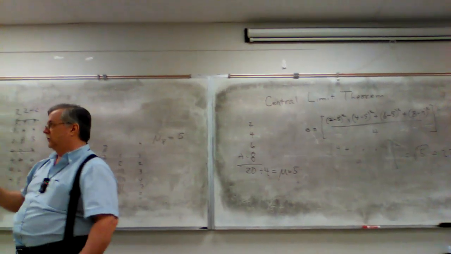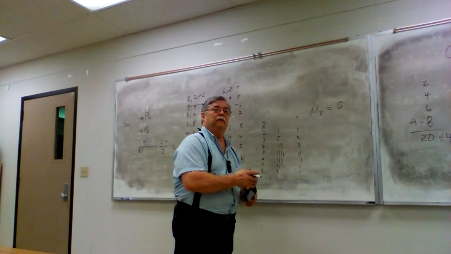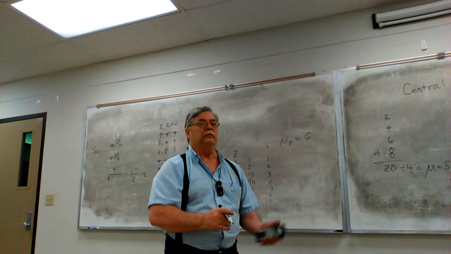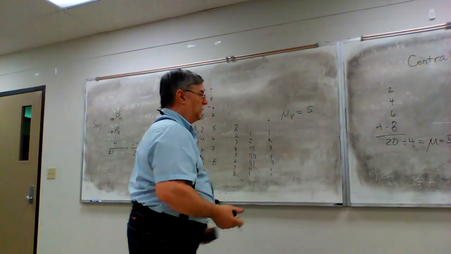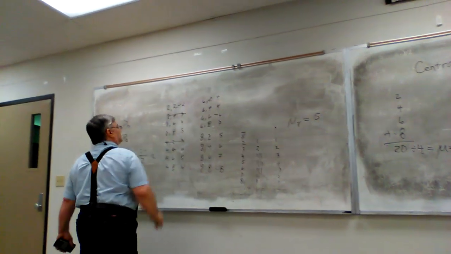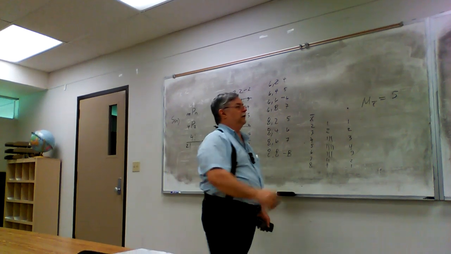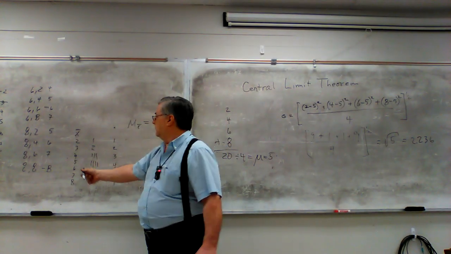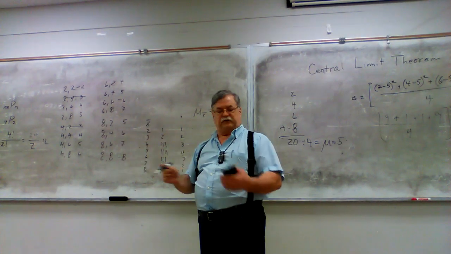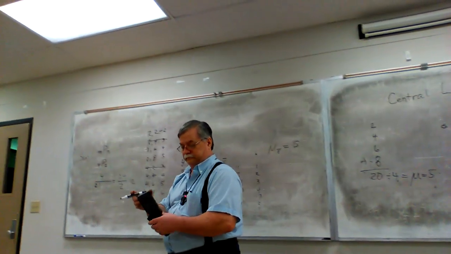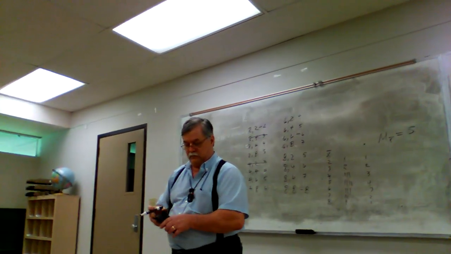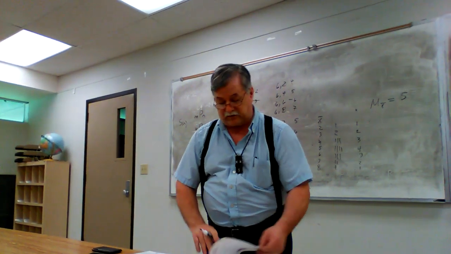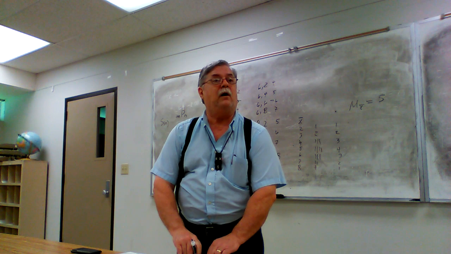They also go through and do the standard deviation, and it works out to be exactly equal to 2.236 divided by the square root of the sample size of 2. So you divide 2.236 by the square root of 2, and you'll get exactly what you would get if you calculated the standard deviation of this. That is the central limit theorem.